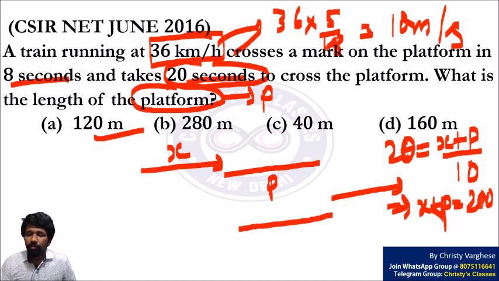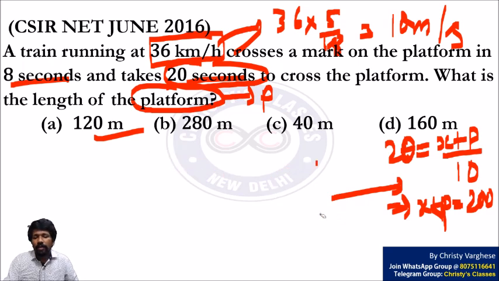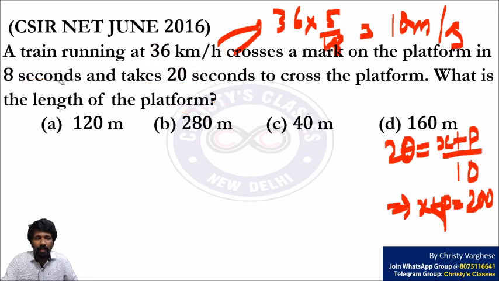We got one equation, x plus p equal to 200. Still x is unknown to us, we need one more equation. That equation you can form from the second scenario. What is the second scenario? The second scenario is when the train is trying to cross only one point in the platform. We will analyze that separately now. One point in the platform means now the platform is not important.